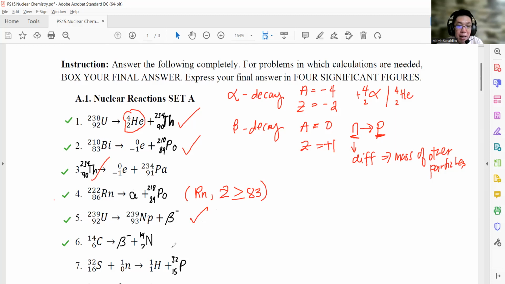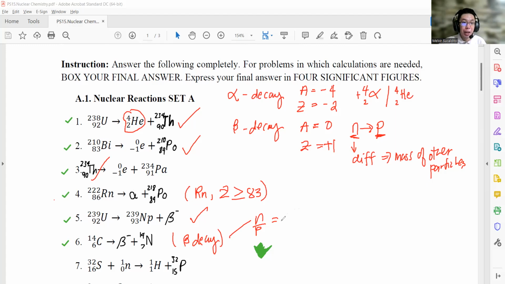Number 6 pala. For number 6, anong sagot mo? Anong decay ito? Beta rin po. Bakit? Mataas po yung neutron to proton ratio. Okay, what's the neutron-proton ratio for this? For carbon-14, of course, we don't know, but carbon-14 will decay via beta decay. Kasi naaral natin to, yung carbon-14 dating.